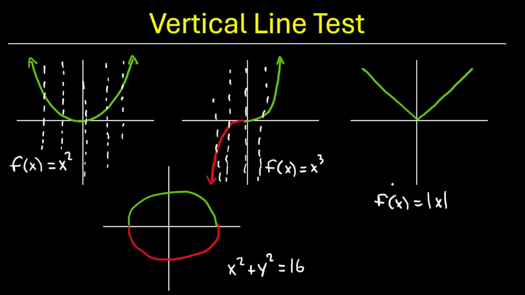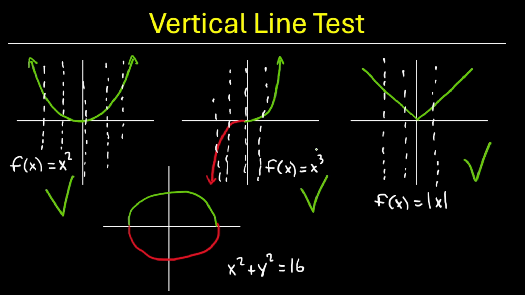Now, another example, f of x equals absolute value of x. Regardless of where you draw this vertical line, you're only going to intersect the function once. So again, these first three are in fact functions. Now lastly, we've got a circle here: x squared plus y squared equals 16.